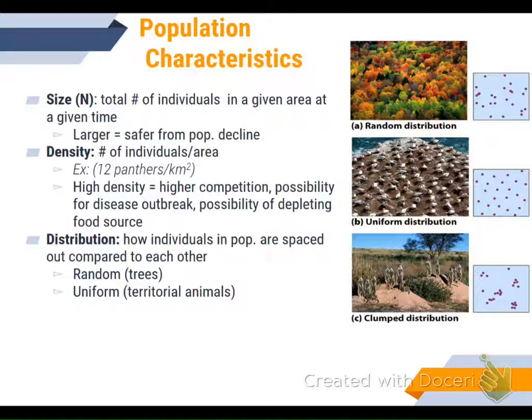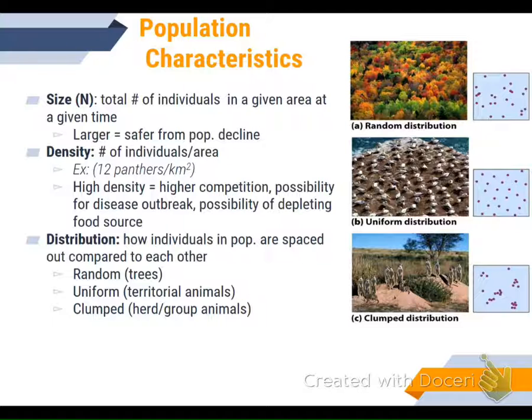Or birds, where there is a territory when they're nesting, say penguins or other types of birds, where they don't want others to get too close, but they want to be in a group so that they are protected.